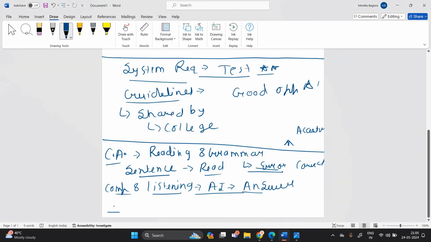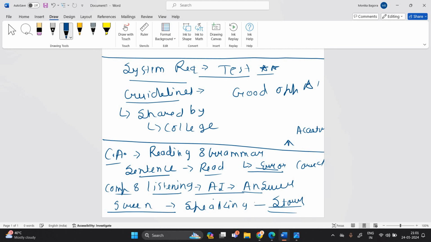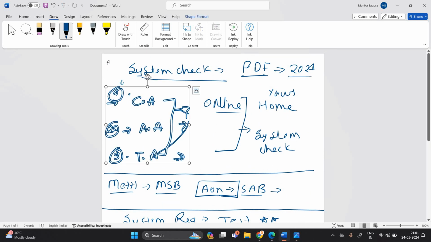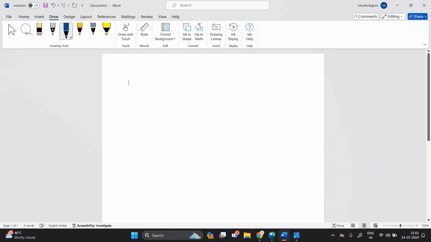On your computer screen some sentences will be shown and you have to speak about that. Or there is a story, we can say, or there is something and you have to speak about that topic. So this type of question, this type of everything we can expect in the communication assessment.